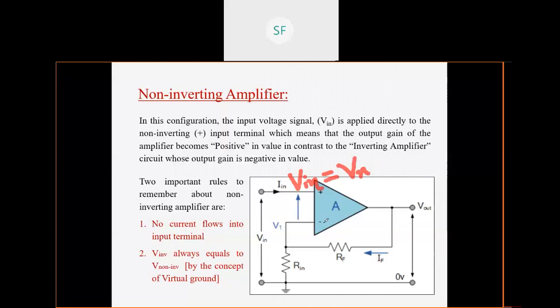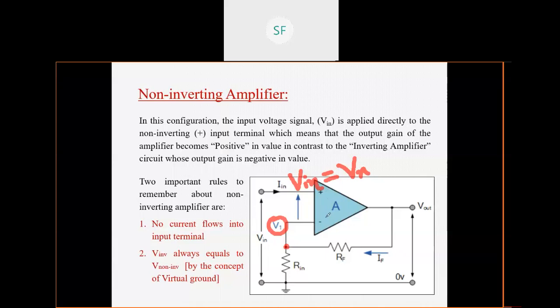Now, what is the value of this particular voltage? Let's say it is V1. We have assumed that the voltage at the inverting terminal is nothing but V1. So V1 is the voltage at this particular point. So by the concept of virtual ground, what can you say? That V in is equal to V1. Because what does the virtual ground concept tell you? That the voltages at these two terminals will be equal.